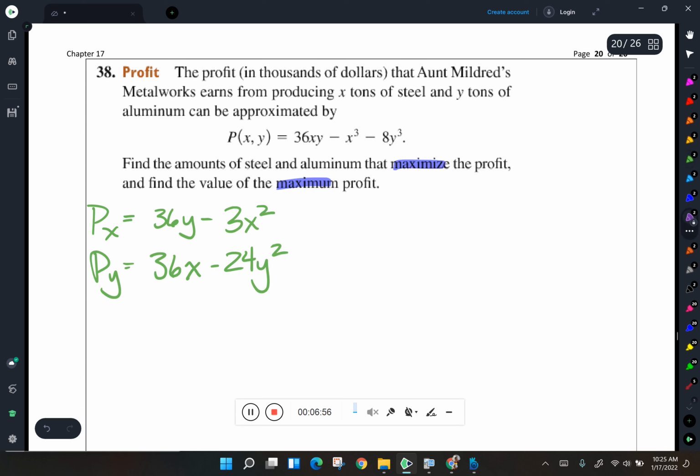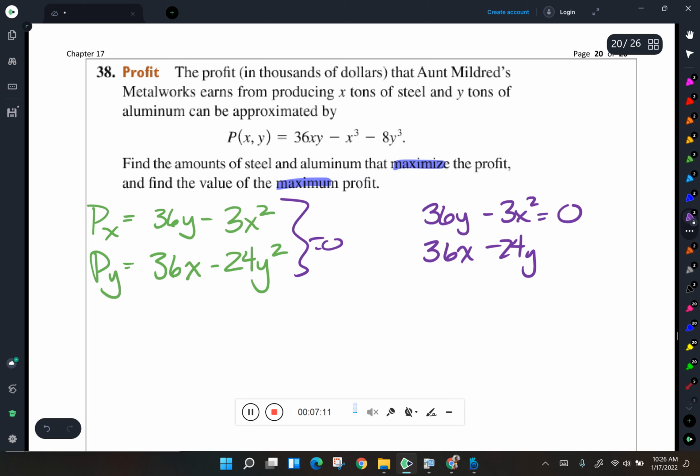Now I'm going to take these two and set them equal to 0 and make a system. So I have 36y minus 3x squared is equal to 0. And I have 36x minus 24y squared is equal to 0.